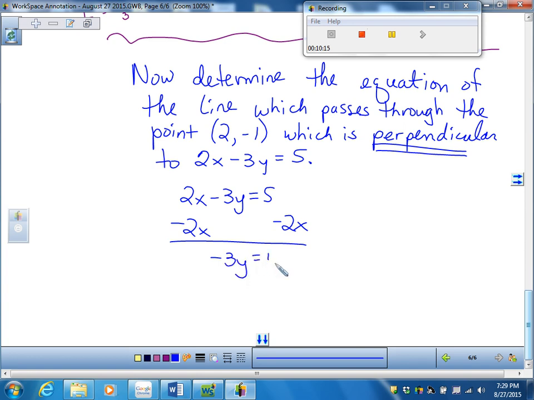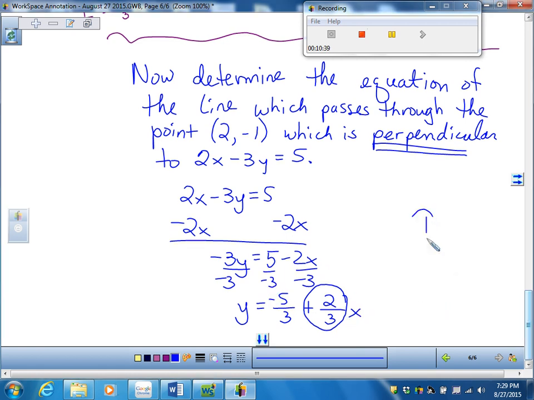So negative 3y equals 5 minus 2x. So I divide by negative 3 on both sides. Again, this is the same problem as before. So y is equal to negative 5/3 plus 2/3 x. And again, 2/3 is my slope because it's the number that's being multiplied by x.